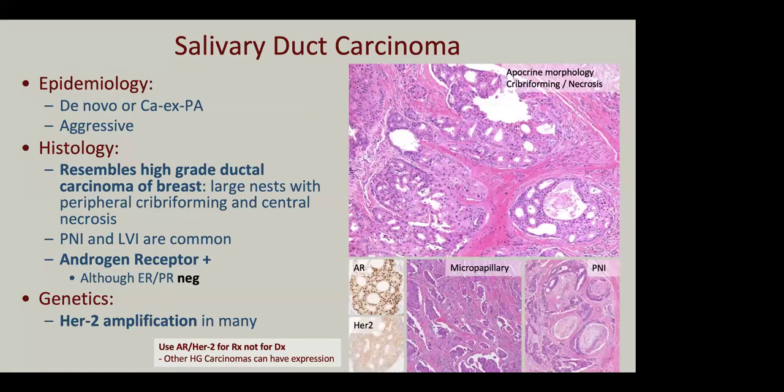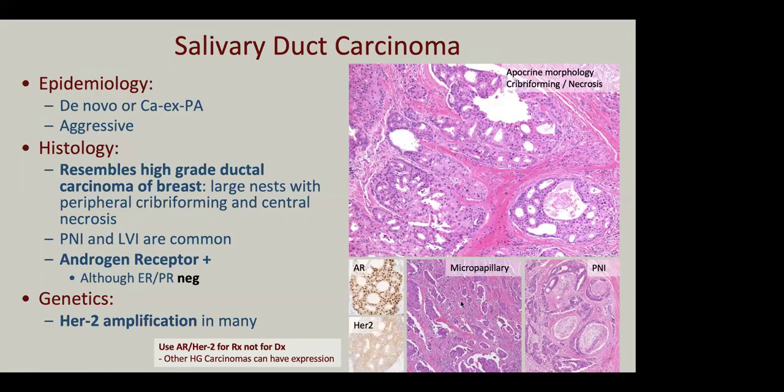Salivary duct carcinoma looks kind of like high-grade DCIS with apocrine morphology, but this is essentially all invasive. You usually will not see a P40, P63 positive basal layer around the edges of these nests, except if you have some kind of intraductal spread, but that should only be focal.